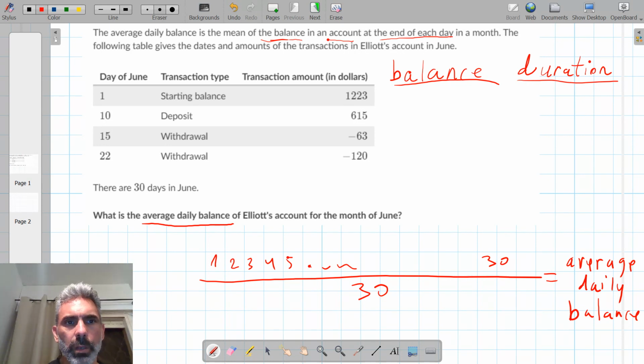Okay, but the balance in the account does not change every day. It changes only when we make a deposit or a withdrawal.